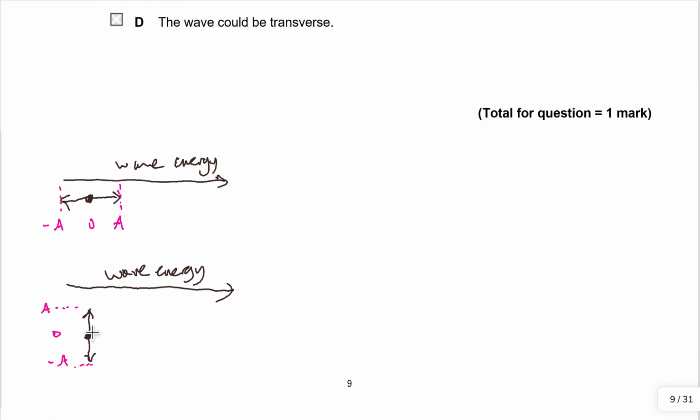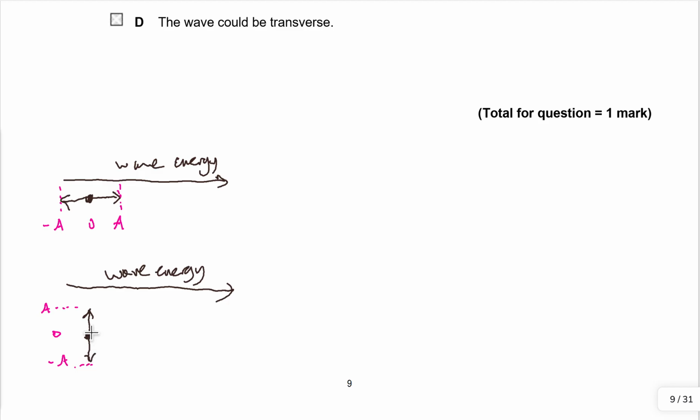Similarly, with transverse waves, we see that the particles move in this scenario up and down, and the wave energy is perpendicular as per definition. So again, that particle: the uppermost position is the amplitude, the lowermost position is the negative amplitude, and in the middle is the equilibrium. So the particle oscillates between similar displacements, a max, a min, and through equilibrium.